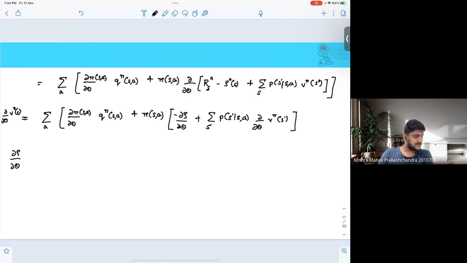So I have d rho by d theta equal to, let's see what could be there, this whole quantity: d by d theta of pi s comma a times q pi of s comma a plus pi s comma a, correct?